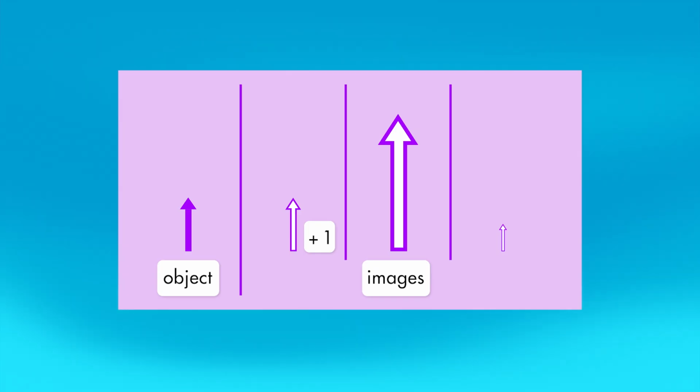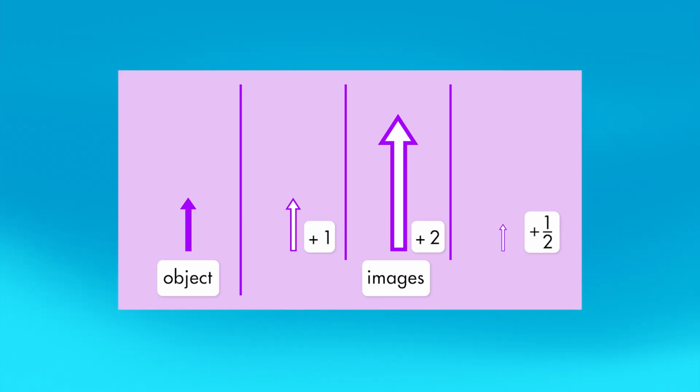For example, if an image is twice the size of the object, the mirror has a magnification of +2. If the image appears smaller than the object, the magnification is expressed as a ratio. If the image is 1/2 the size of the object, the magnification of the mirror is +1 to 2.